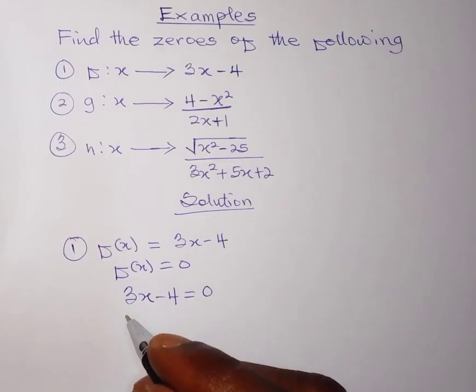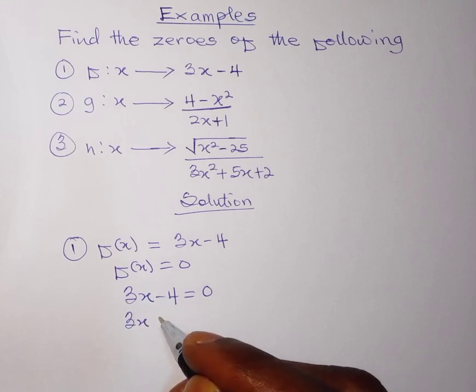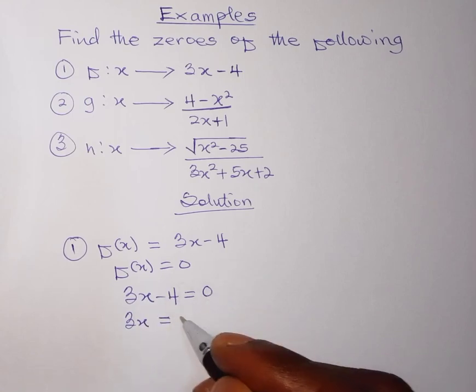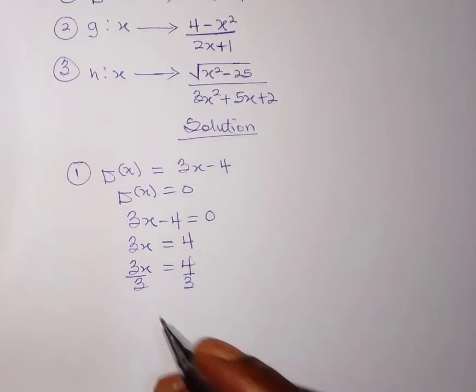Then solve for x. If I transpose this, I'll have my 4 here. Then I can divide both sides by 3. Okay, good.